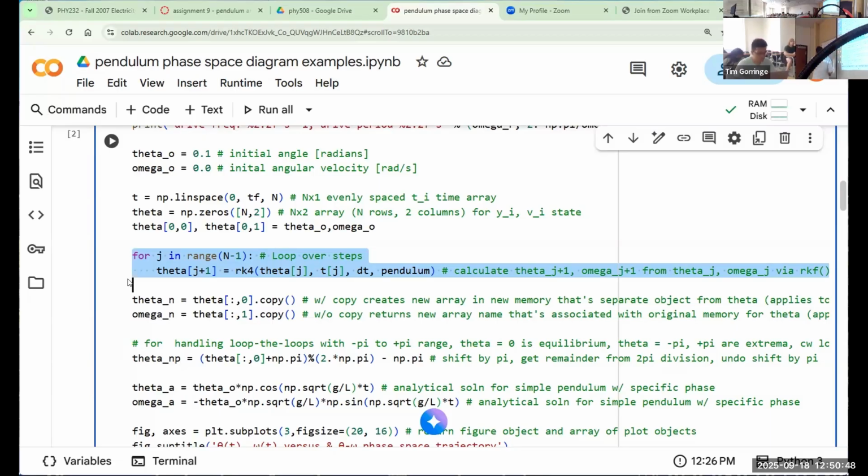So what j means, if I was to write that out in full, what that slicing means, because I've got a two-dimensional array, it means that I'm slicing out a particular row, so that's the j. And then I'm taking both columns.